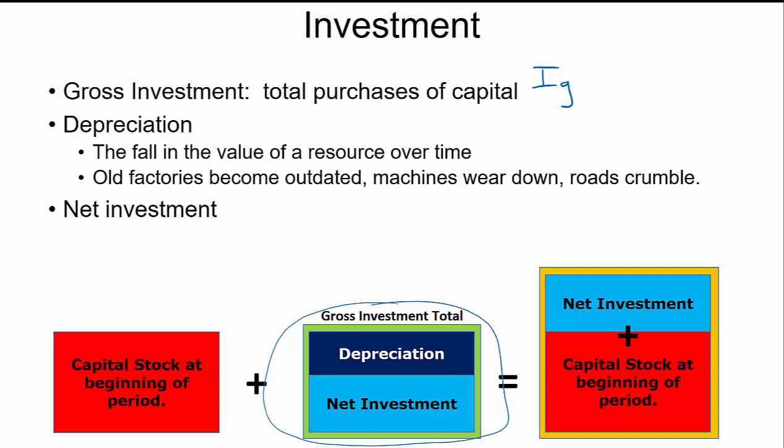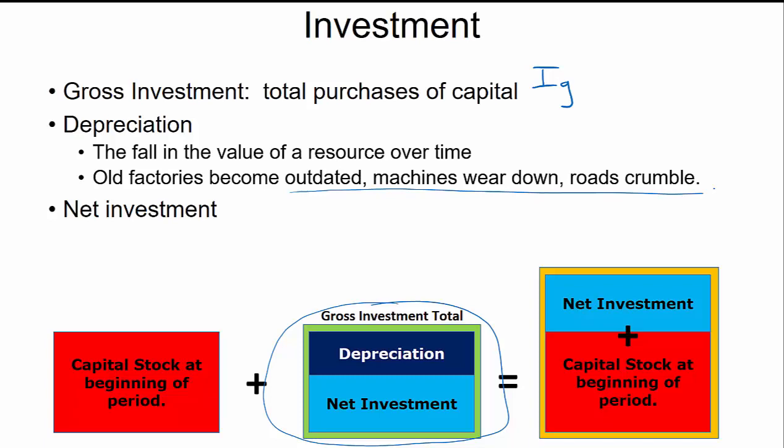Now, to understand how you get economic growth, we also need to know what depreciation is. Depreciation is just when that capital loses value over time, and you can see some examples here. If you've ever had a lawnmower at home, over time it wears out and you have to replace it.